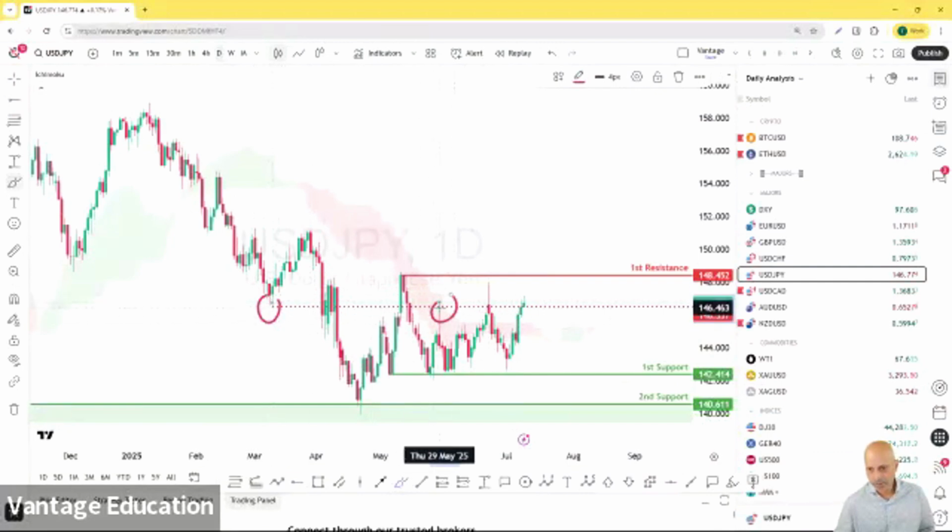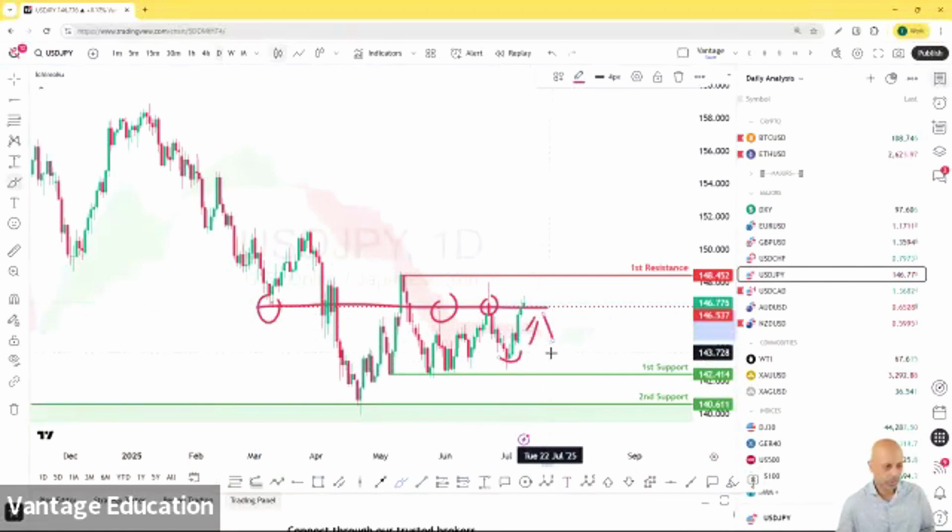We can see resistance here being formed on 29th of May, and of course we can see resistance here on 23rd of June. Of course, we can see this wick rising as high as 148, but nevertheless, we can spot a pretty decent overlap level, and this is where I would have identified a potential take profit target as dollar yen made this clean reversal and started to climb higher.